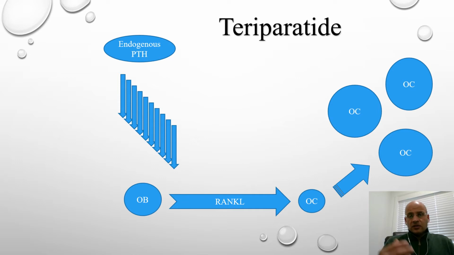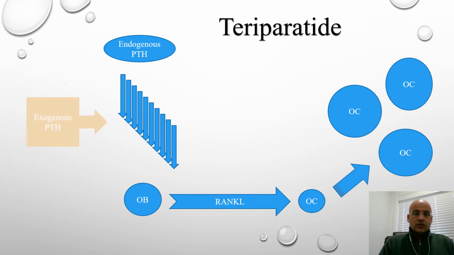So this is the transcriptional pathway that the PTH goes through within the osteoblast. And then the RANK ligand, of course, will stimulate the osteoclast to mature and start doing its job in bone resorption.